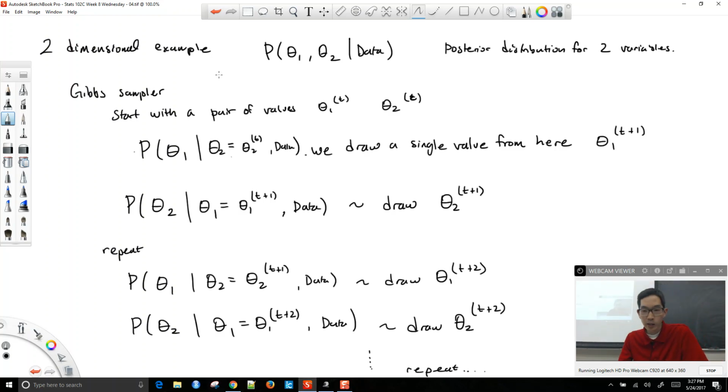Well, the idea is that when we condition on the other things, the thing that we are drawing from is the exact form of the posterior distribution. So we are drawing directly from the posterior, but only for a certain slice of the posterior, if that makes sense.